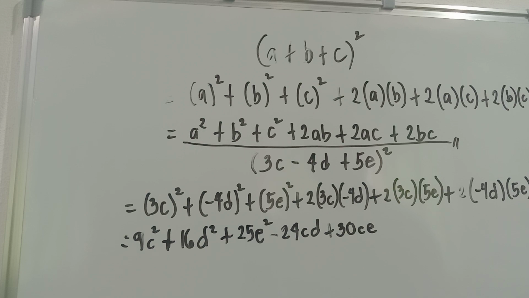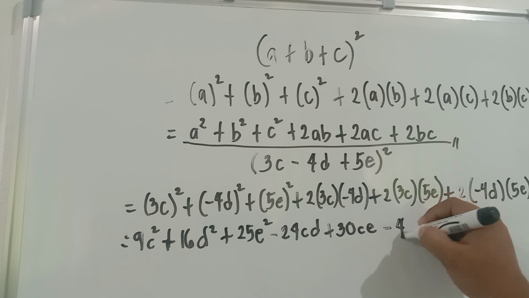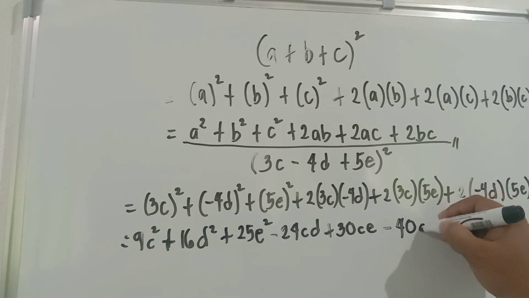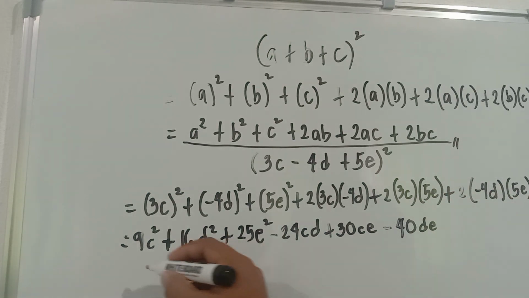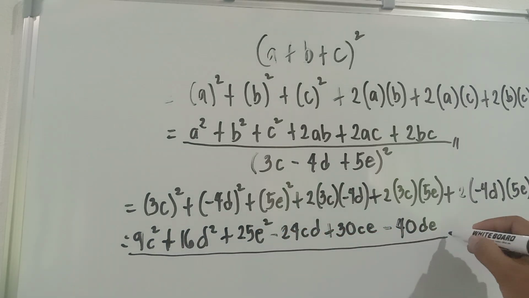For the last one, we're going to multiply negative 4d and 5e. Negative 4d times 5e gives us negative 20de, times 2 is negative 40de. So this is our answer in squaring the trinomial 3c minus 4d plus 5e.